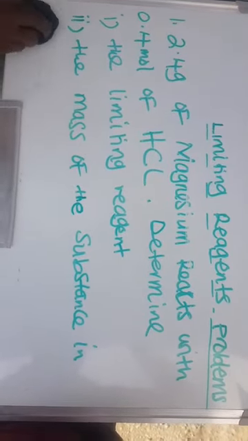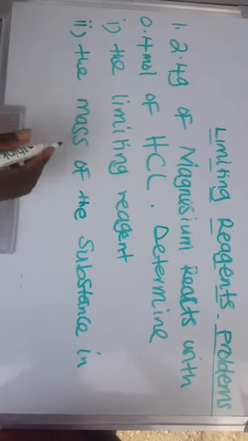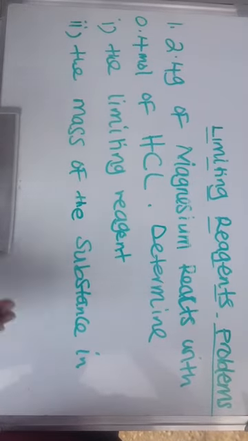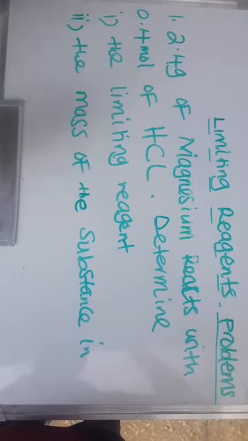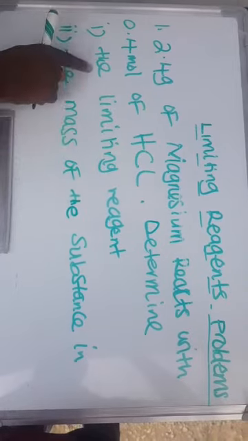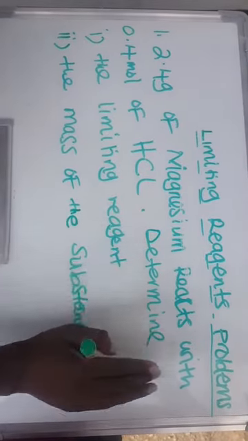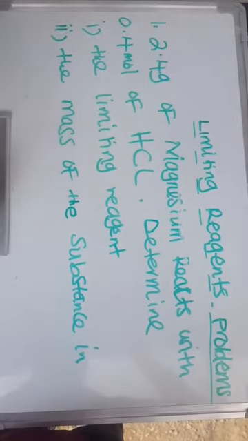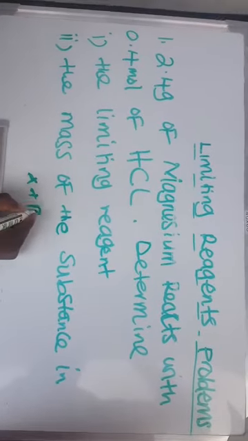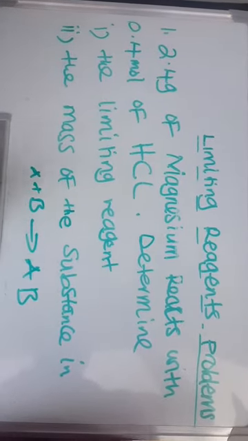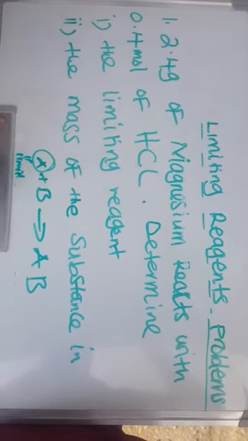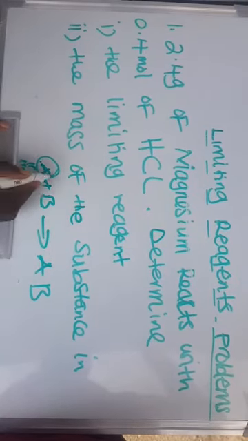Just like I said earlier, if you have two reactants reacting together to form a certain product, the substance which will be used up first in a chemical reaction is the limiting reagent. So here they are asking us to determine which substance is used up first. Suppose you have A and B forming AB, and A is our limiting reactant.